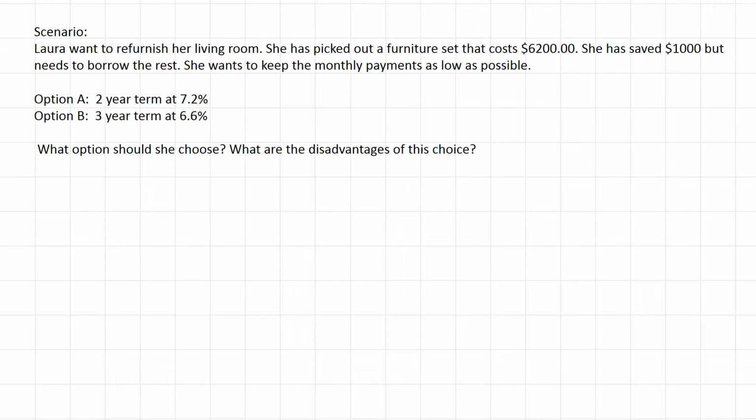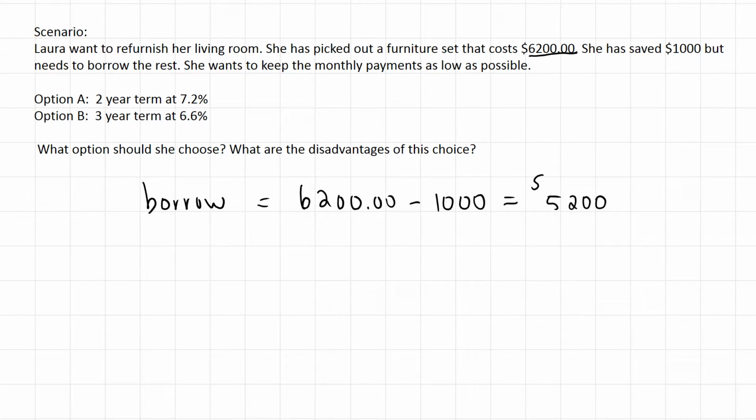So let's take a look at a little bit of the vocabulary before we use the calculator. We want to know how much she's going to borrow. Because the cost of the furniture is $6,200, and she has $1,000 already saved, she's only going to be borrowing $5,200.